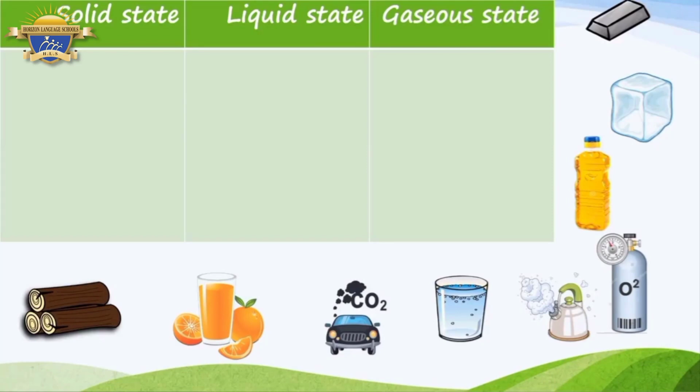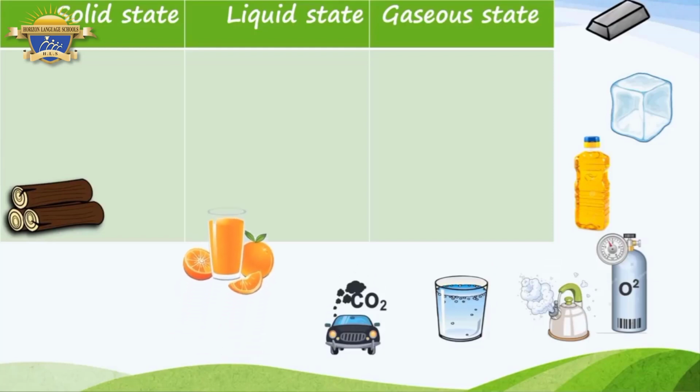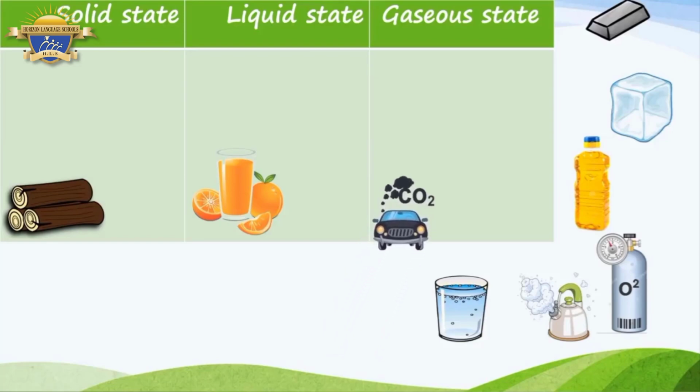Look at the pictures and put each one in the right column. The wood: solid, liquid, or gas? Right, solid. Picture 2, the juice. Right, liquid state. Picture 3, carbon dioxide. Gaseous state. Right.